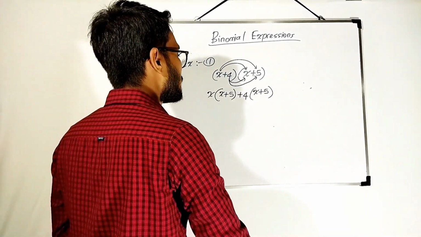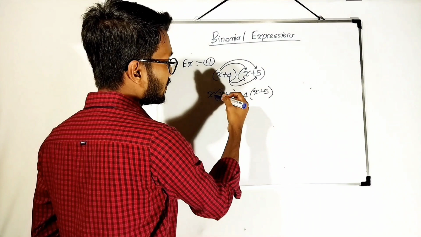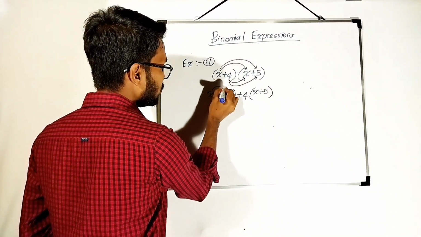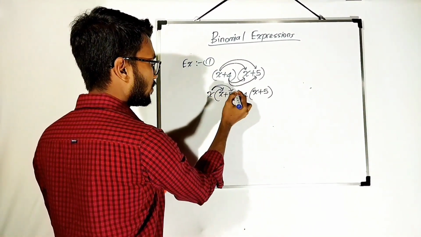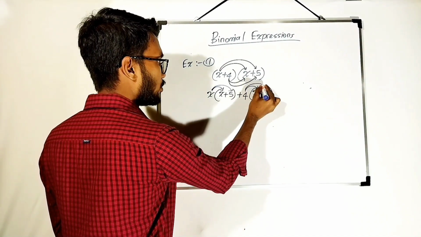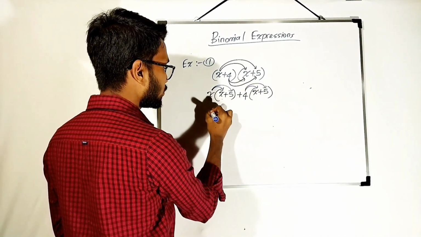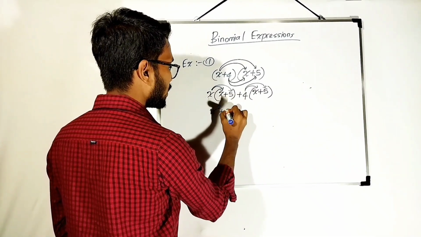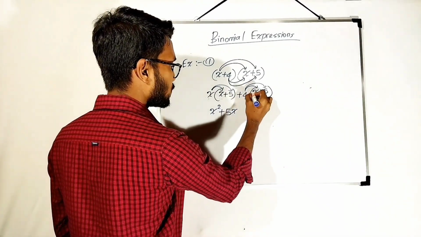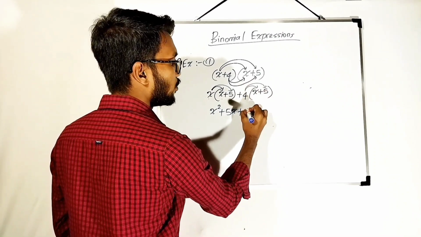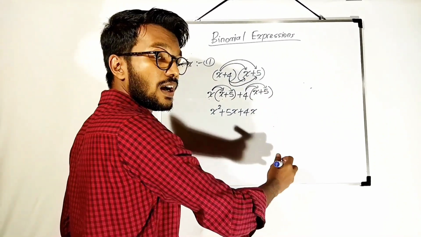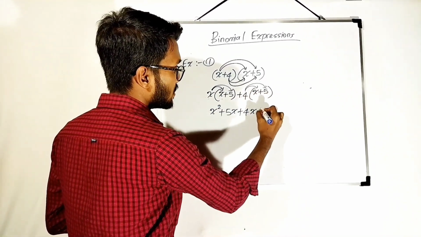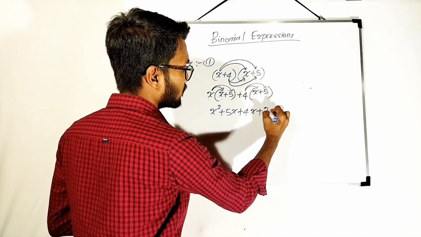Then we can multiply easily. x into x and x into 5, 4 into x and 4 into 5. x into x equals x squared, plus into plus is plus, x into 5 is 5x, and plus into plus is plus, 4 into x is 4x, right? Then plus into plus is plus, 4 into 5 is 20.